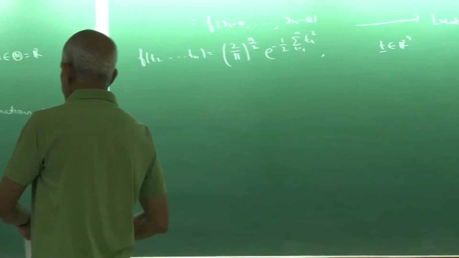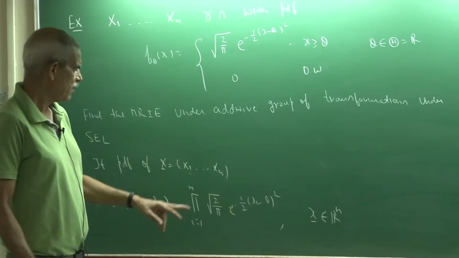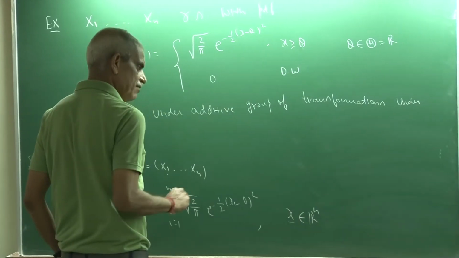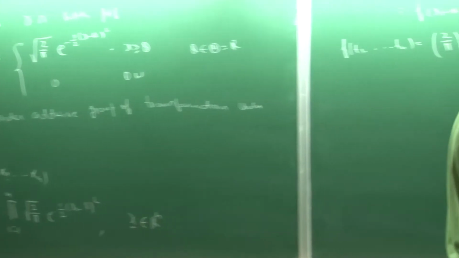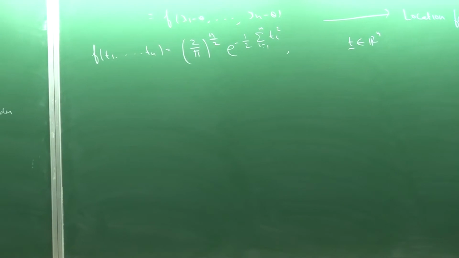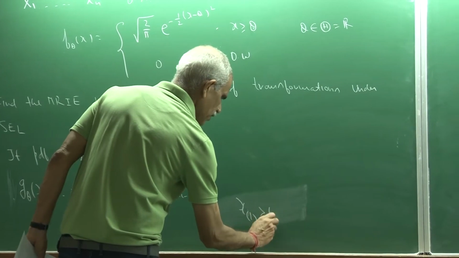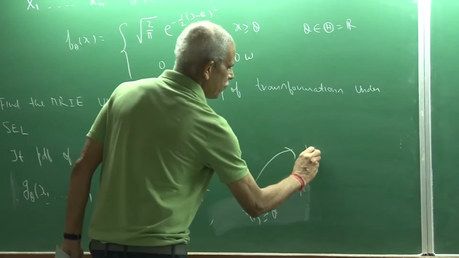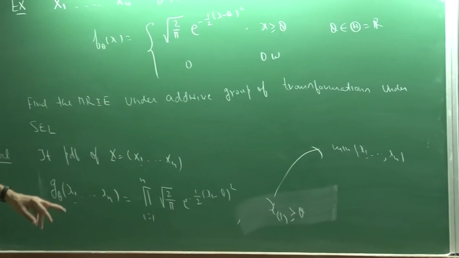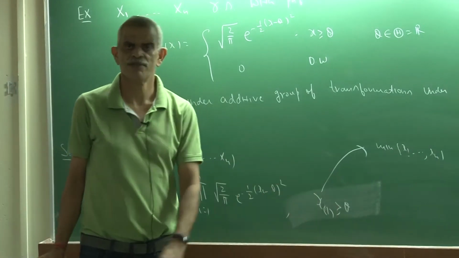If I apply the factorization theorem, theta would come with summation xi, and also when each xi is greater than or equal to theta, that is, if the minimum is greater than or equal to theta, where X(1) is basically the minimum. So theta would come with summation xi and X(1).